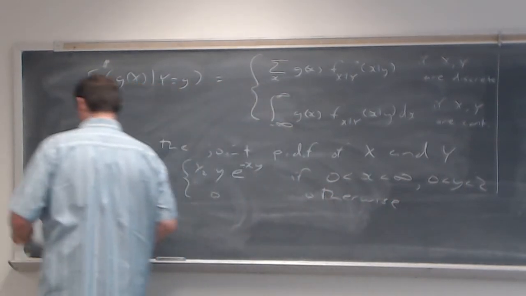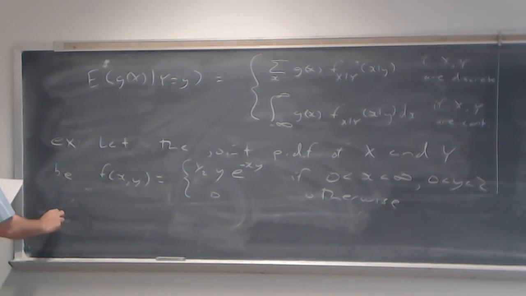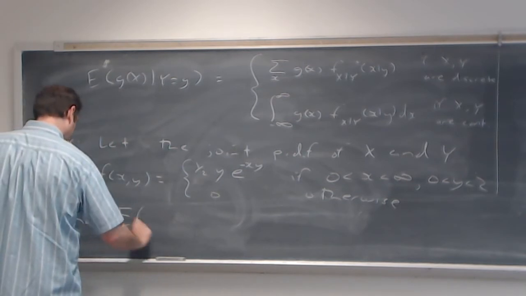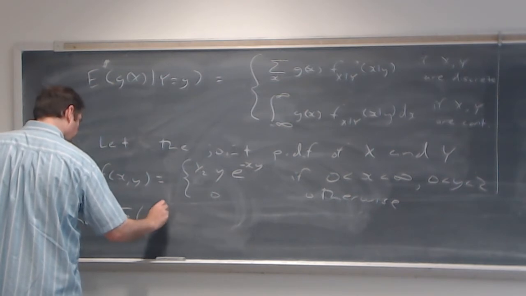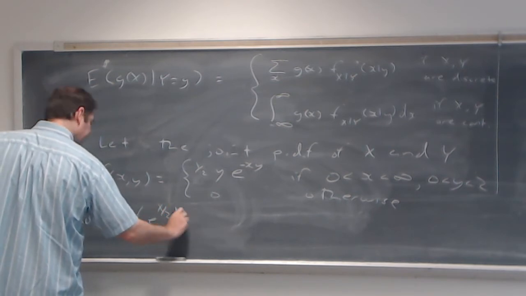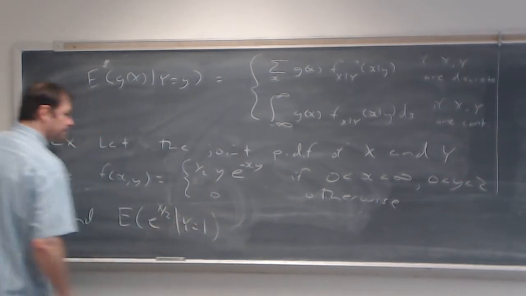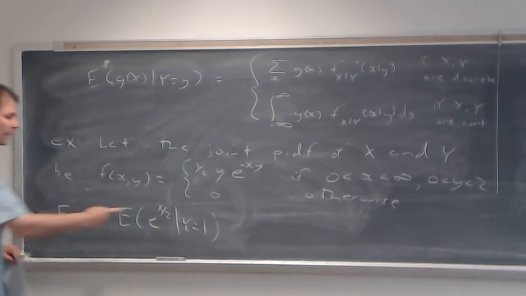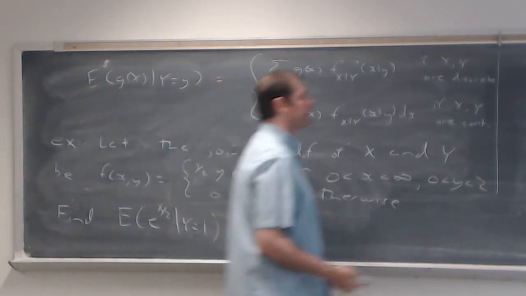And so the directions are: find the expected value of e raised to the x over 2 given y equal to 1. Okay, so here I'm giving a specific y.